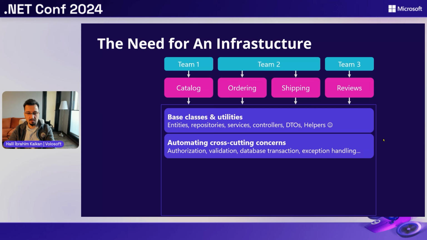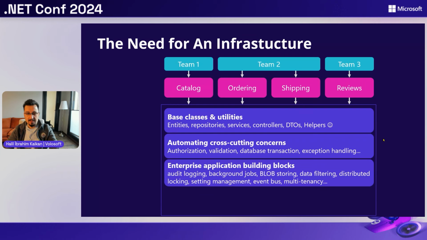Also, you may want to automate some cross-cutting concerns. For example, you don't want to repeat in every use case database transaction management, exception handling, permission checking, validation, and so on. Also, these modules should be focused on their own functionality.